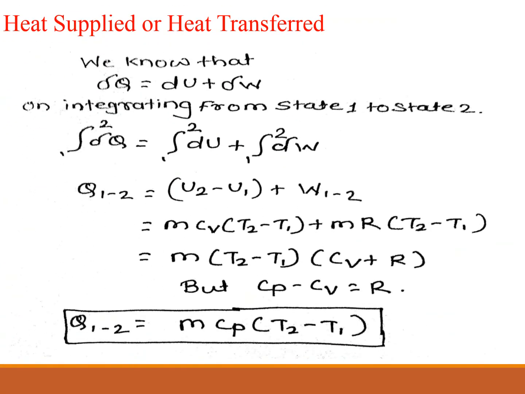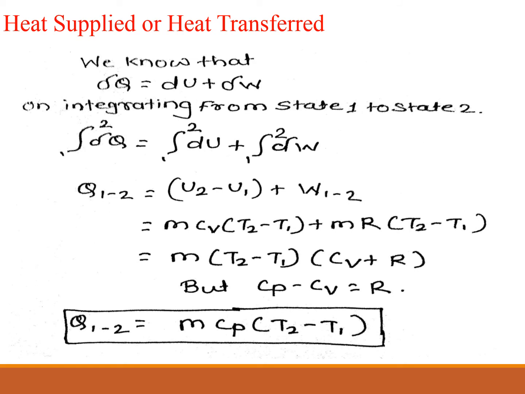Heat supply or heat transfer. Heat transfer is equal to the change in internal energy plus work done. We have already derived the formulas for internal energy and work done, so we will use these equations.